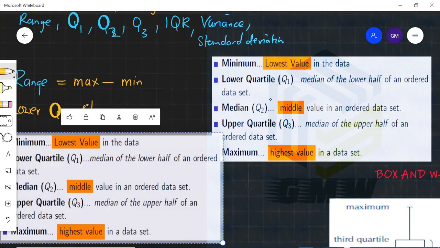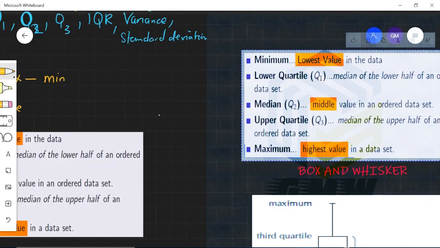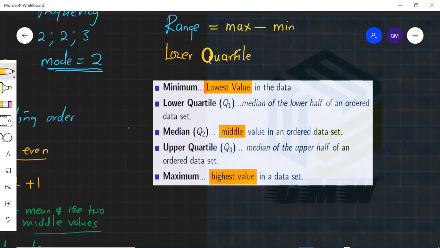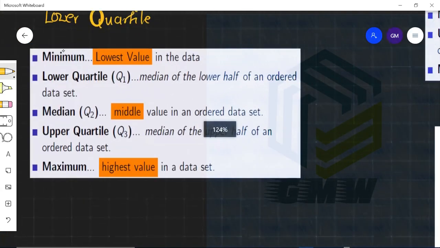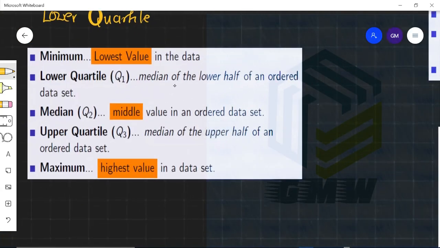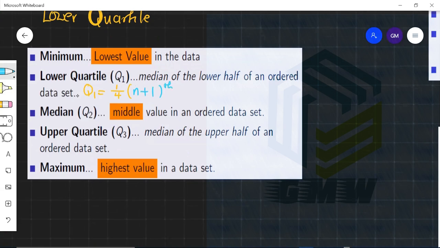We are borrowing something from here. You need to understand that a lower quartile is the median of the lower half of an ordered data set, right? And it has a formula which says 1 over 4 times the n plus 1th position, or term.